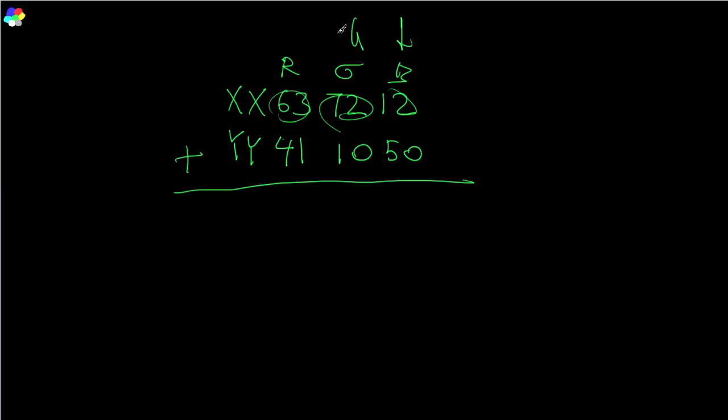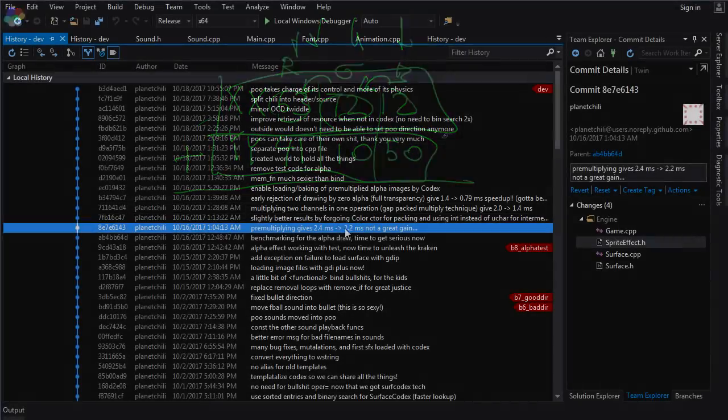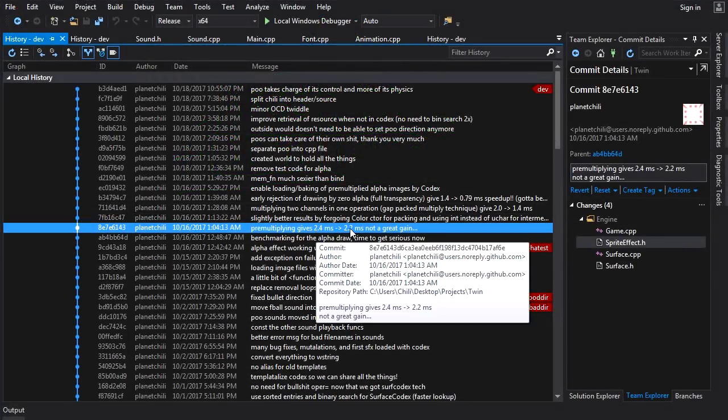When we add these together, none of the results will be greater than 255 in any of these columns, so none of the results will overflow into the other channels, and we don't have any problem. We can add them together as packed 32-bit values, as long as we pre-scale them before we add. And this gave us only a tiny bit of improvement.